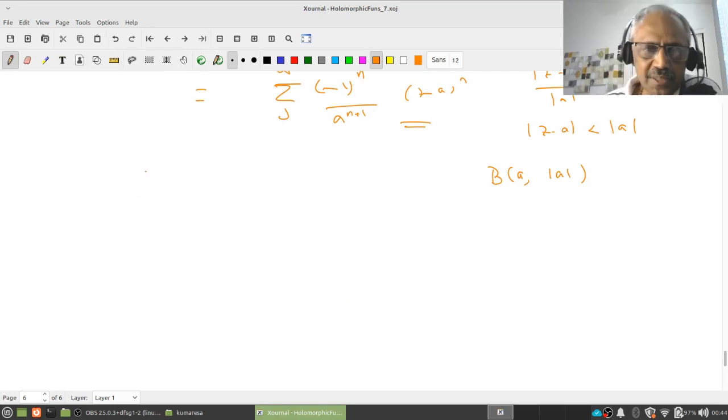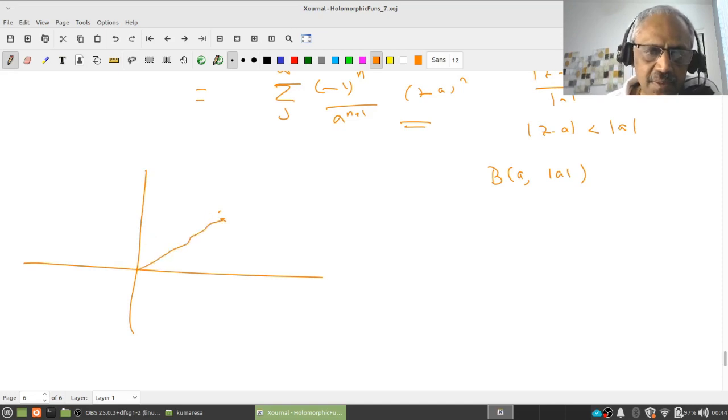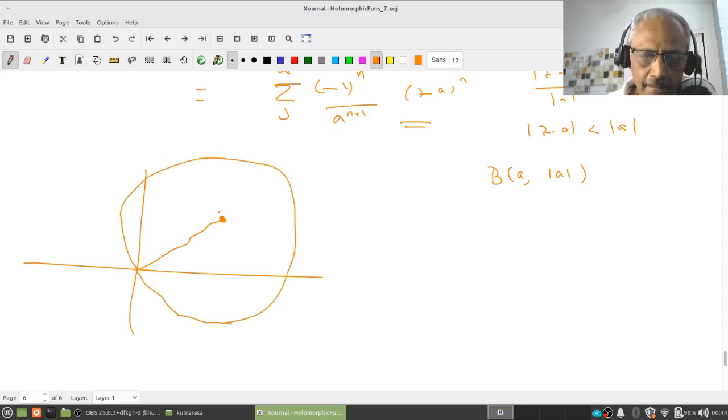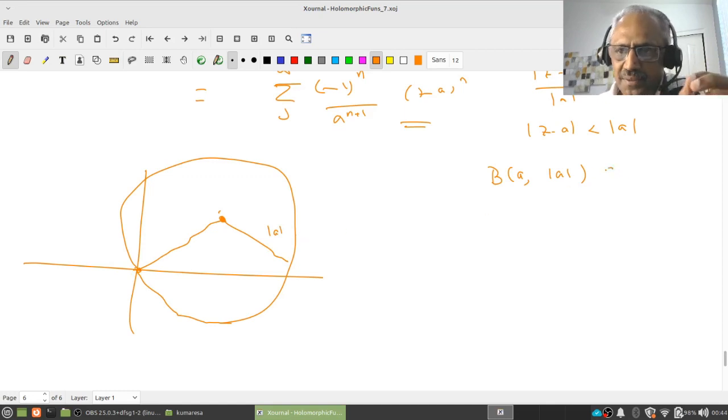Now let us look at the picture. You should be convinced why this is true. Suppose this is my a. Look at this distance, this is the distance I can go through. This is mod a. So U, of course, is open, therefore 0 will be avoided, and the whole disk will be in C star.